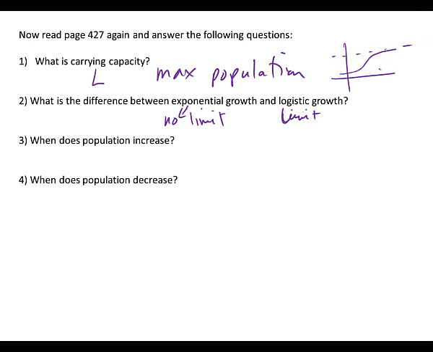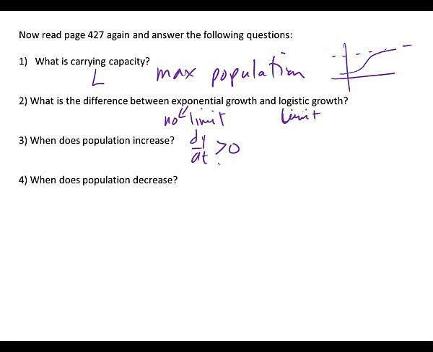Now there is a typo in some of the books. Were some of your books written in? Of course I have a different class set this year, so some of the books had a typo in it, so we'll see if that typo is in some of your books. When does the population increase? dy dt was what? Greater than 0, which means what?